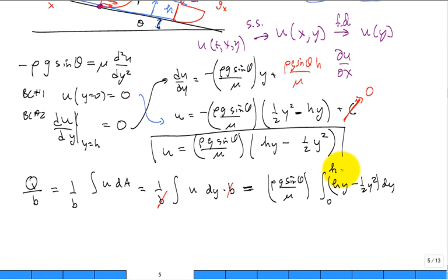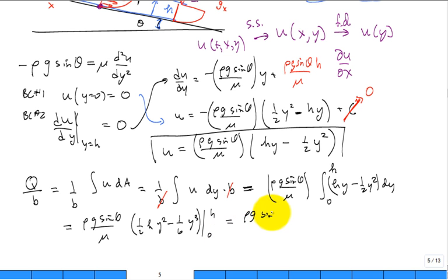Okay, so continuing that integration, rho g sine theta over mu, you have 1/2 h y squared minus 1/6 y cubed, evaluated 0 to h, and you get rho g sine theta over mu times 1/2 minus 1/6, which is 1/3, of h cubed.